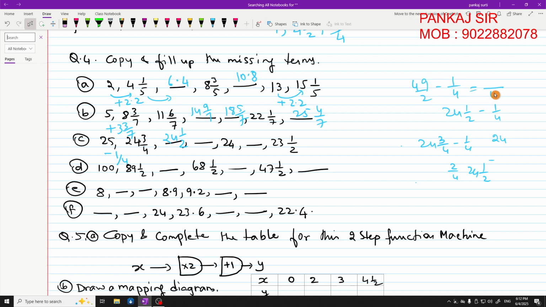This will be LCM will be 4. 49 into 2 will be 98, minus 1, so this will be 97 upon 4, right? 97 upon 4 can be reduced: 4 twos are 8, 1, bring down 7, 4 into 8 is 16, left with 1.